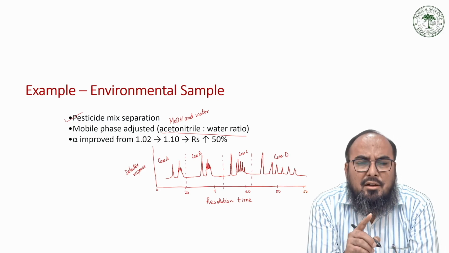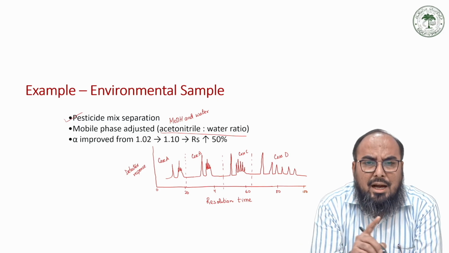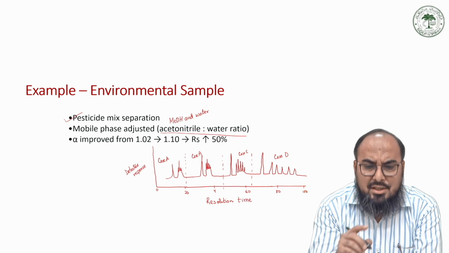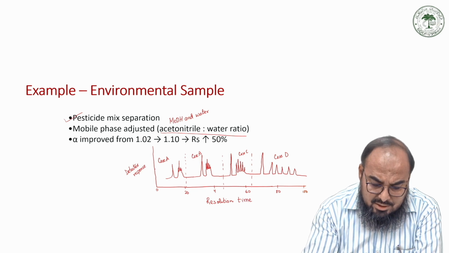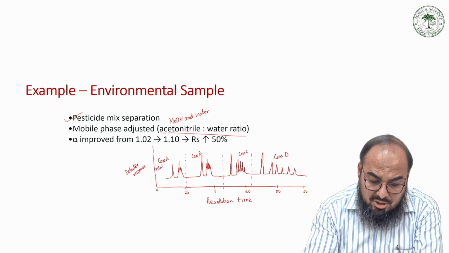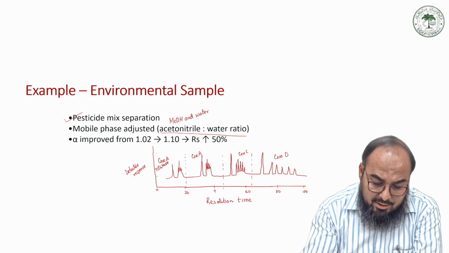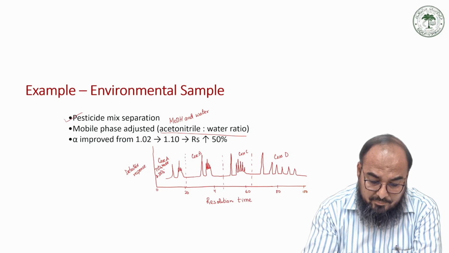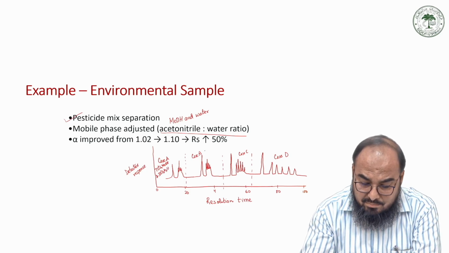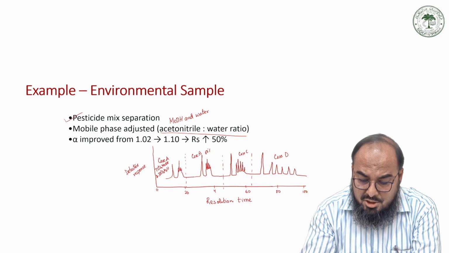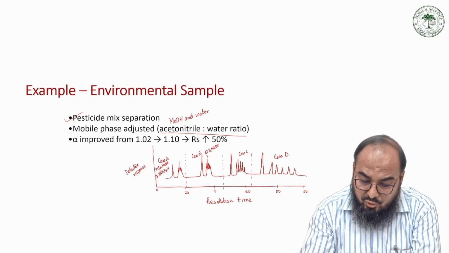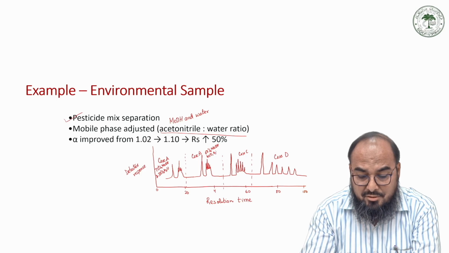Now here we have a chromatogram, and the only difference here, in case A we have 70% methanol and 30% water. In case B we have 60% methanol and 40% water.